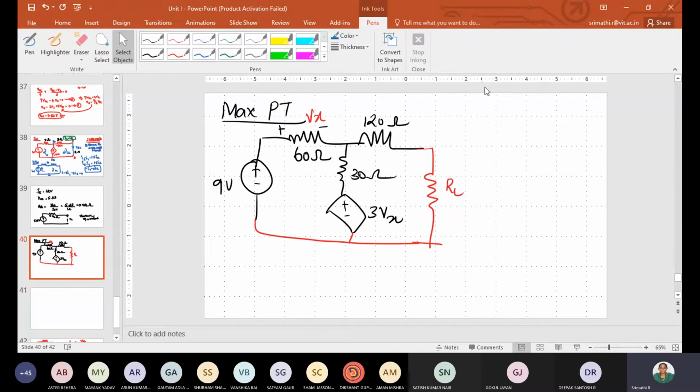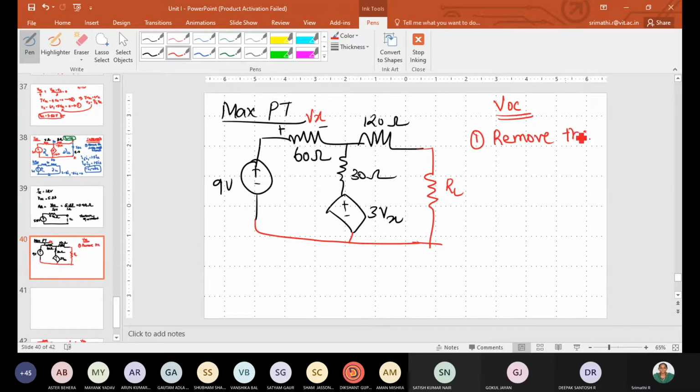So for finding VOC, remove the RL first, because we need to find the load resistance. Only if we find RThevenin can we find the RL, because for the maximum power transfer theorem, RThevenin is equal to RL. So remove the RL first.